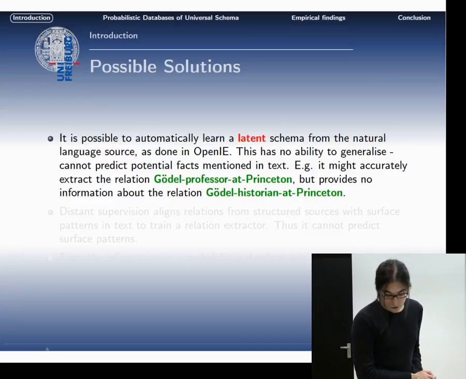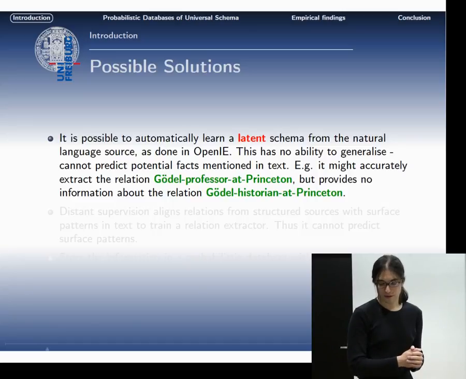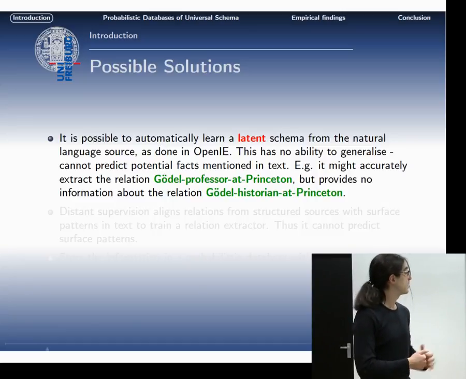Now, this is the approach taken by OpenIE, as we have seen. And the limitation, the problem with this, is that it cannot generalize in the sense we see in this example.